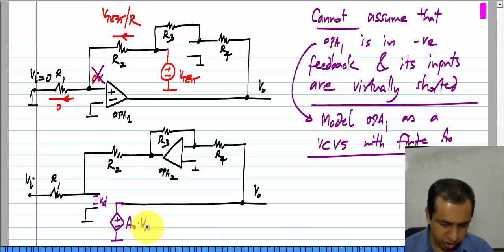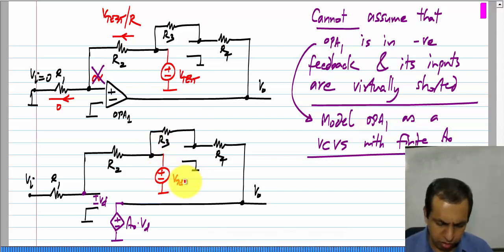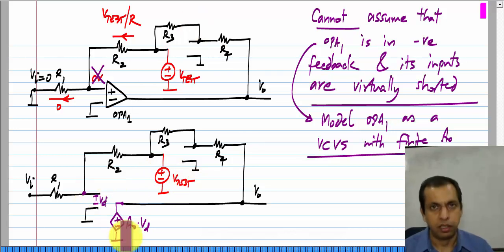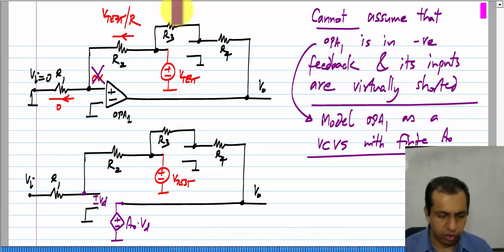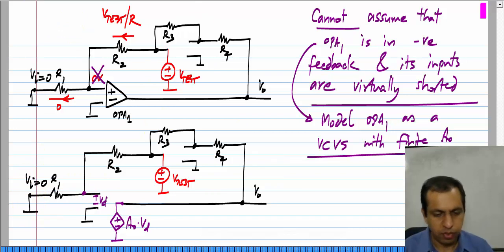So, this will be A naught times V d, right. Now, this is just a model for OPA 1. OPA 1 is in the circuit. OPA 2 has been removed and I will apply V test over there, and this time I won't make the assumption that the input terminals of OPA1 are virtually shorted. I just calculate whatever is there. By the way, Vi as usual is set to 0.